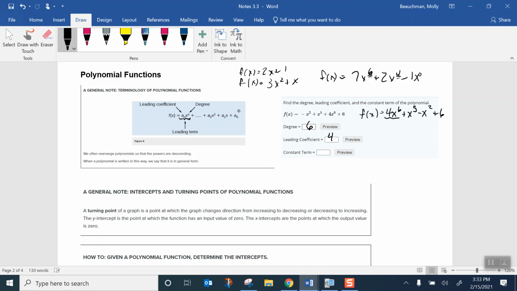The constant term is the term that's not multiplied by x. It's the constant 6. You can think of that as 6x to the 0, but the constant in this case is 6, and it's this value right here. So just to practice end behavior, this is 4x to the 6th. It's got even power, and it's multiplied by a positive.